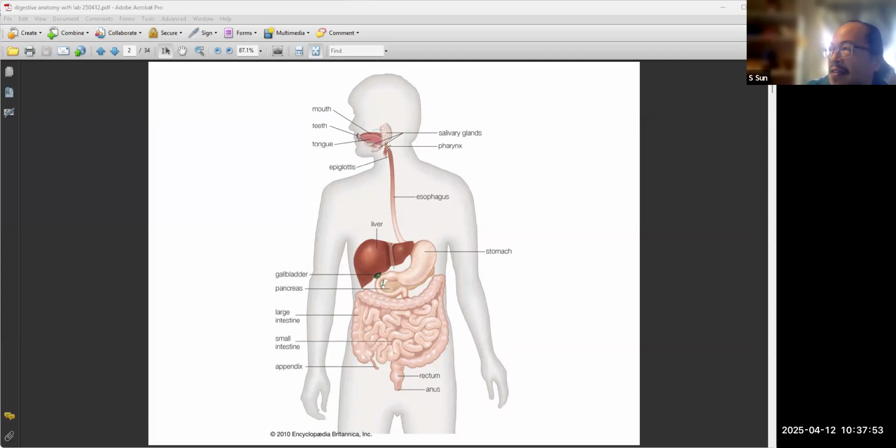This is the throat, then it enters into the esophagus. The epiglottis is the one to prevent you from transporting the food into the airway. So food will be moving down the esophagus, then pushing down into the stomach.